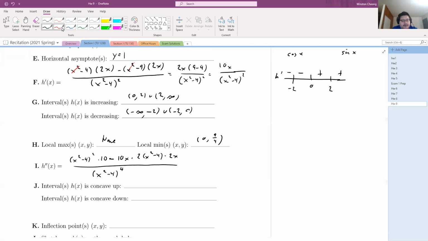And notice that we can cancel a little bit. Every term in here has a x squared minus 4, so I can get rid of one copy here, one copy there, and one copy there.